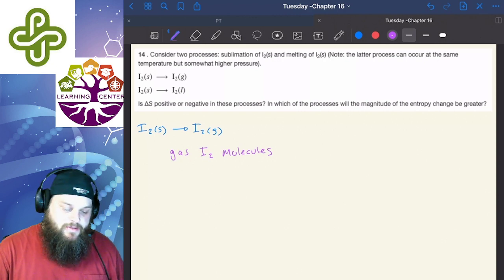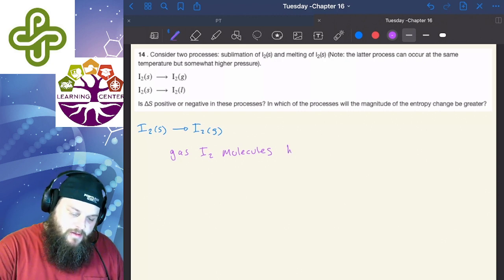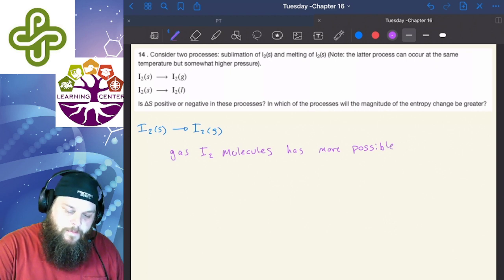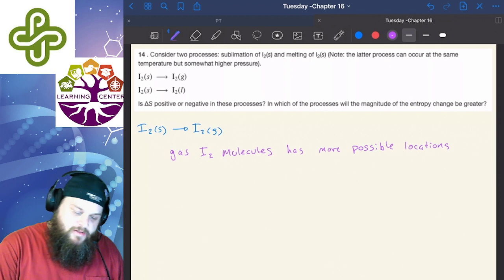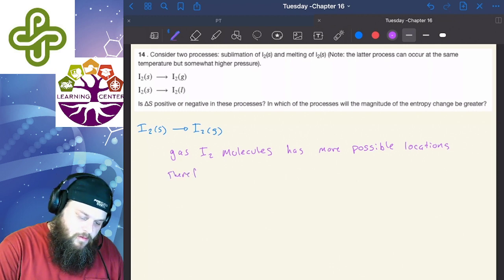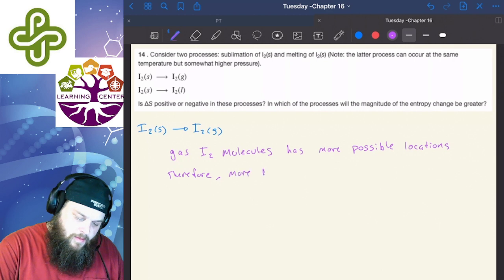So it has more possible locations, therefore more microstates.